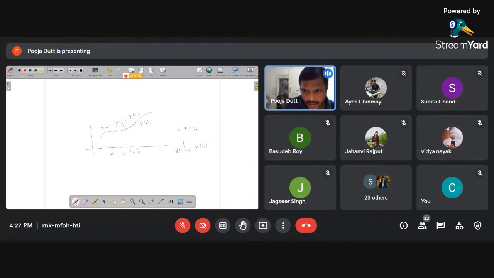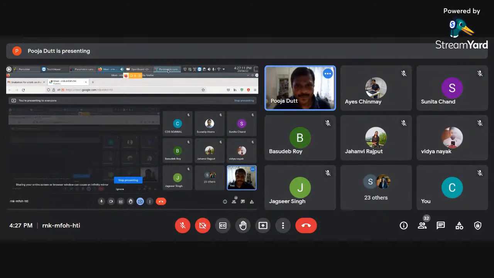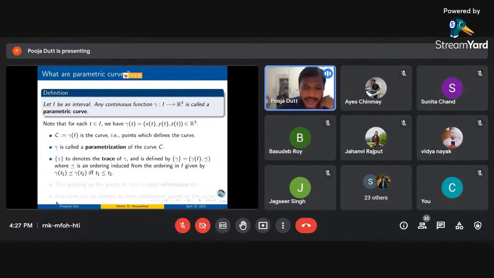So automatically our ordering comes, and this ordering let us denote by this symbol. This is a natural ordering on the curve coming from the interval.